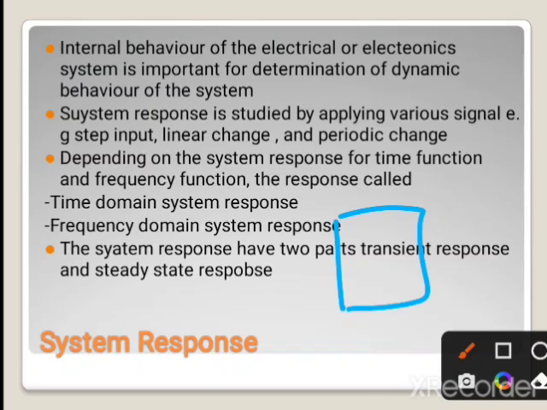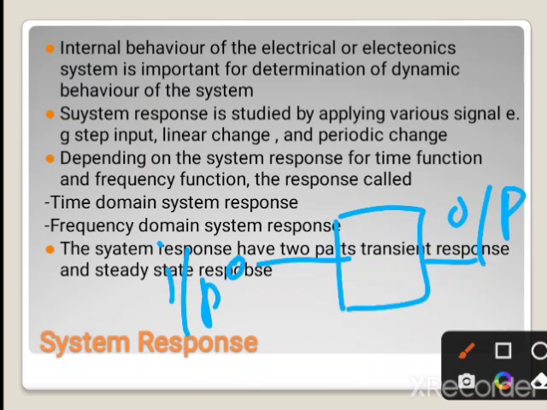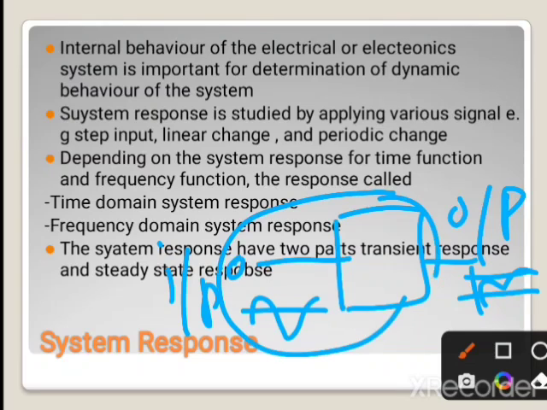Okay, so now suppose this is our system, anything. So here is the input and here we get output. Suppose we apply any type of input, and we get something at output. So this process is called system response.